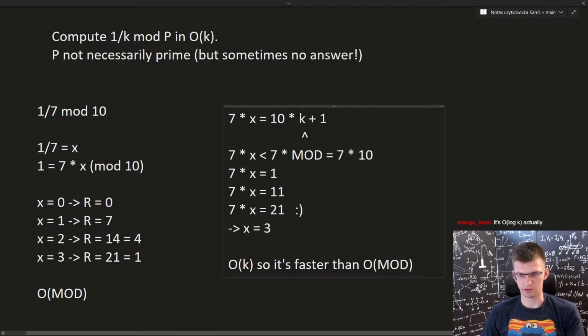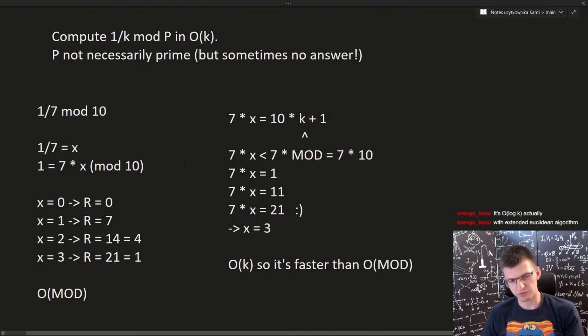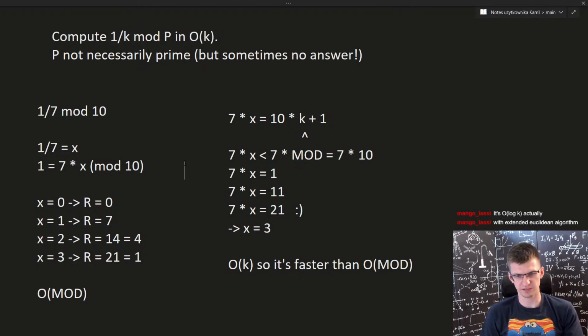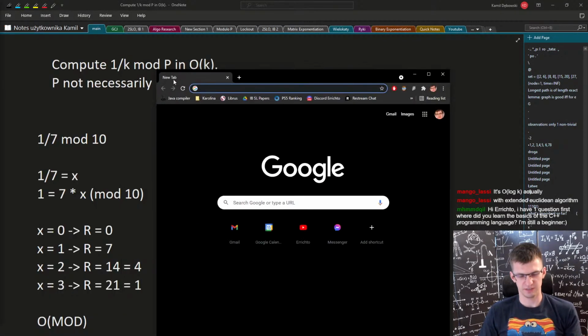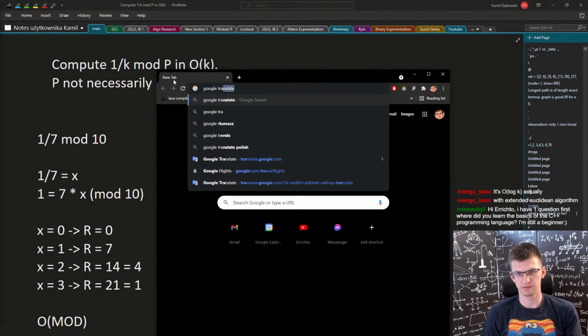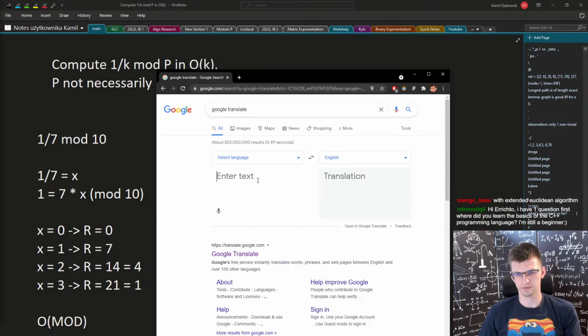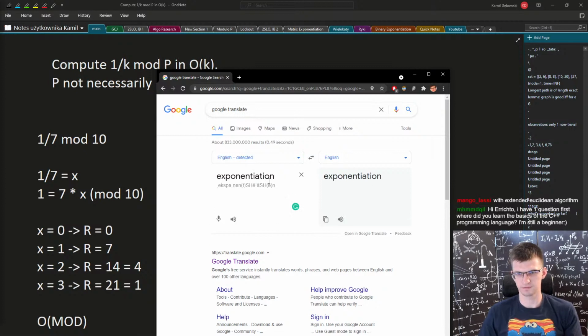It's log of k actually. No, this method is O of k. Oh, sure, there are other methods. Yes. There is the extended Euclidean algorithm, and there is just exponentiation.